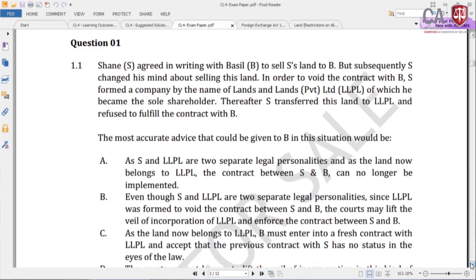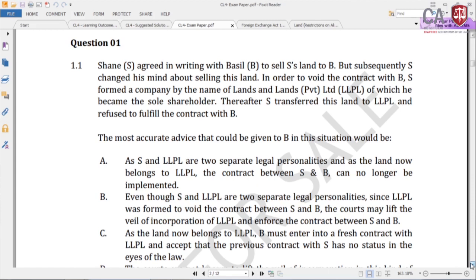Shane agreed in writing with Basil to sell Shane's land to Basil, but subsequently Shane changed his mind about selling this land.